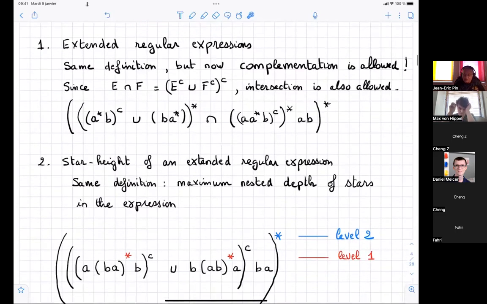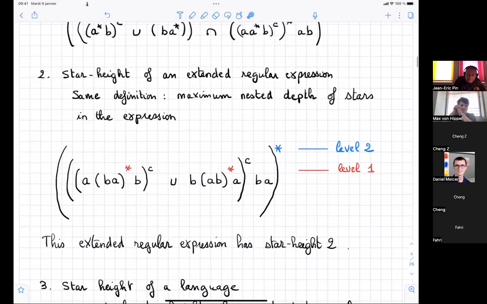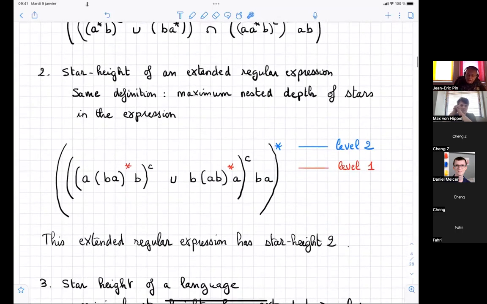The star height of an extended regular expression is obtained with exactly the same definition: the maximum nested depth of stars. So for instance, in this expression you have the first level 1 and the second level 2. The complement doesn't count for the level, so this extended regular expression has star height 2.